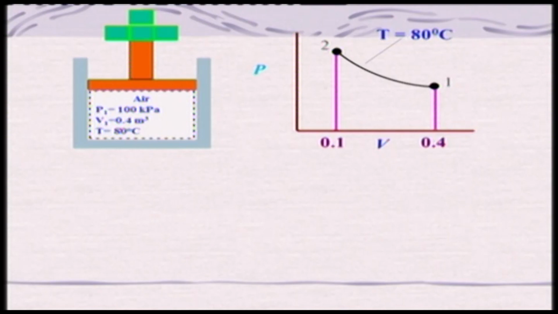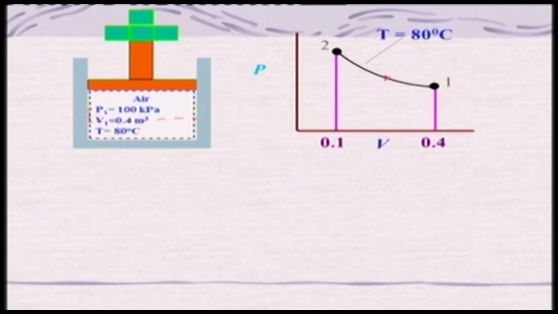It will be at station 1 at this point and it will be compressed. That means we will be putting some weight here so that the system attains a higher pressure, and it is a quasi-static process we are assuming. So the process will go in this direction such that it attains state 2 at which the volume is 0.1 meter cube, as the piston moves through this process.